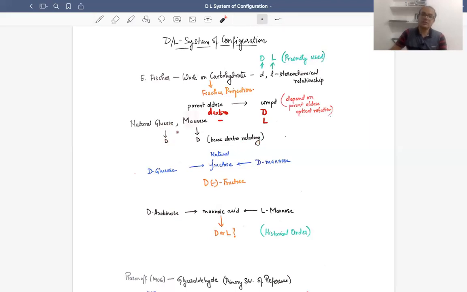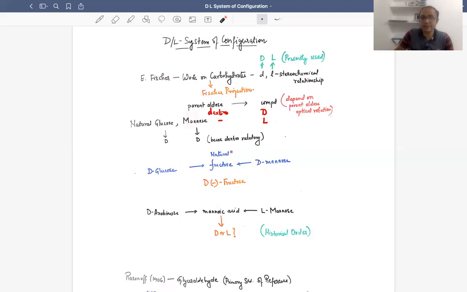Okay, so that was the pure basis Fischer used in order to classify compounds as belonging to the D or L family. So during that time, as he was discovering new and new monosaccharides, he came to synthesize natural fructose from D-glucose and D-mannose.